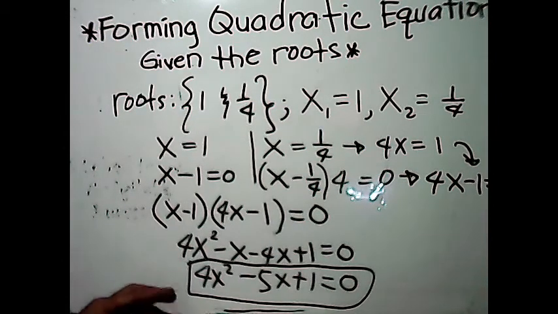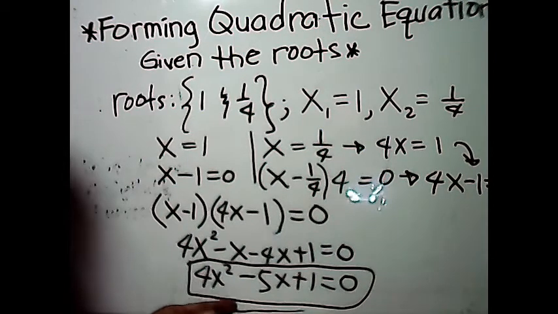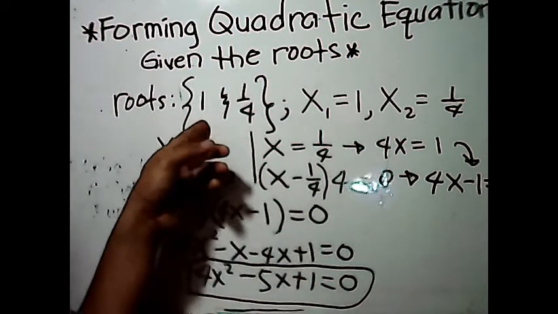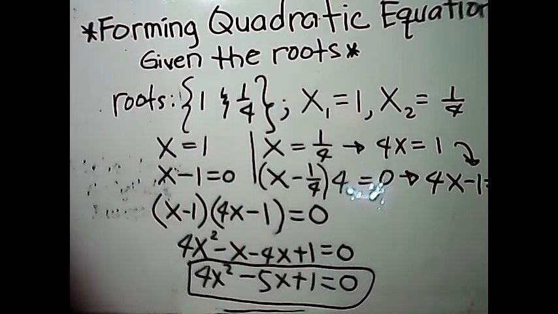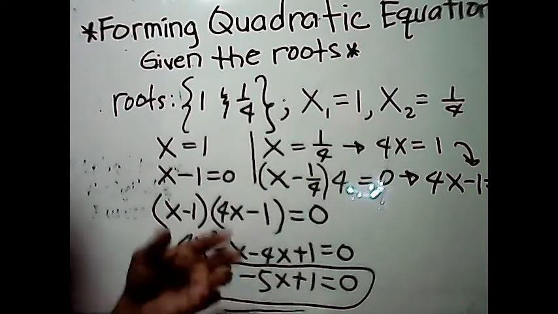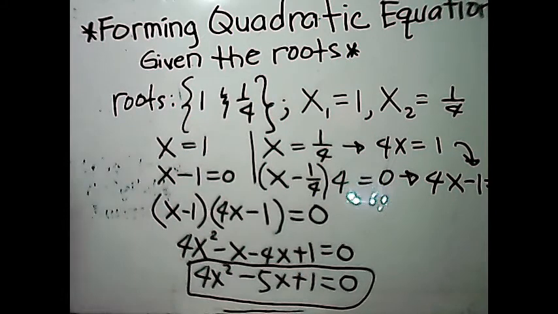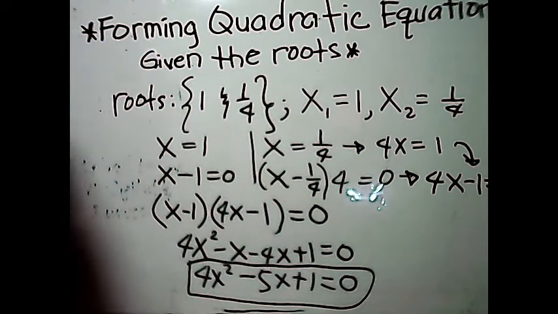Meaning to say, the roots or the solution of the quadratic equation 4x squared minus 5x plus 1 equals 0 are 1 and 1/4. So if you want to check, I hope that it is clear for you. Okay, so let's try another example, more on fractions.